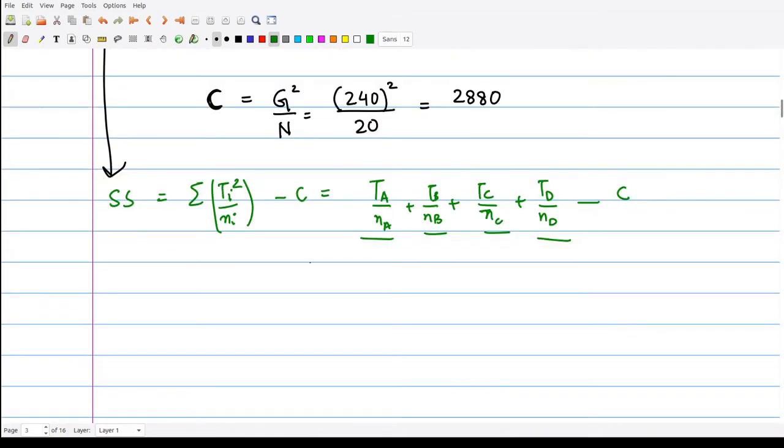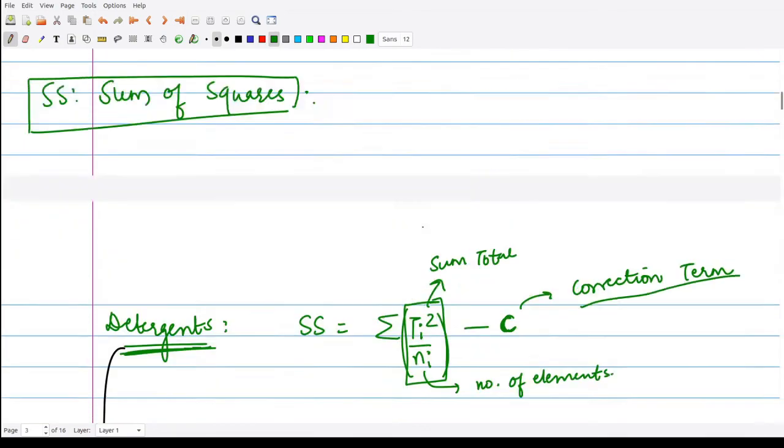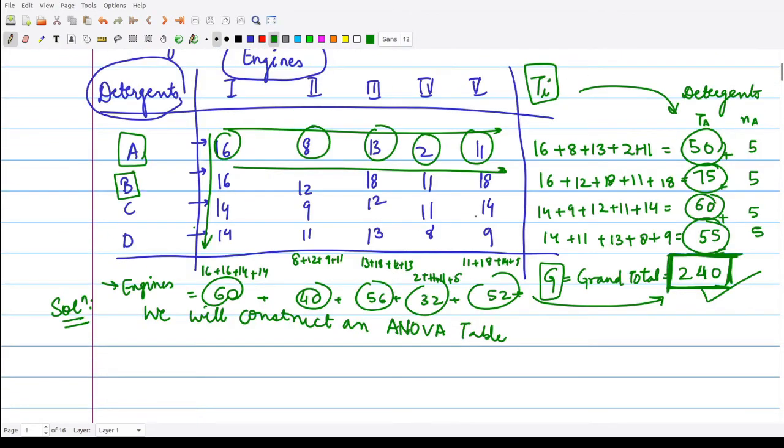So now we want to have these values. Let's look back to our table. We have 50 for the value of Ta, this is for Na. This is for Tb and this is Nb. Similarly, this is for Tc and this is Nc. This is for Td and this is Nd.